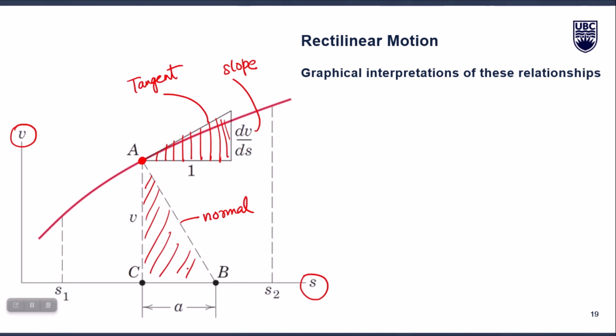The triangle ACB is formed by the normal line, and the vertical line connecting A to a point C, and the height of that line will be the velocity, because at any time instant the y-axis is the velocity, so this AC is small v. So the length of AC is the velocity. And we will now prove that the length of CB will be mathematically equal to acceleration.